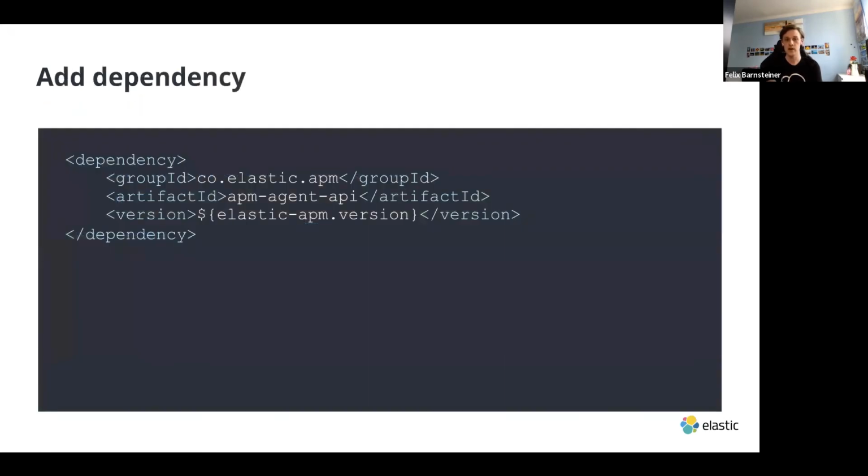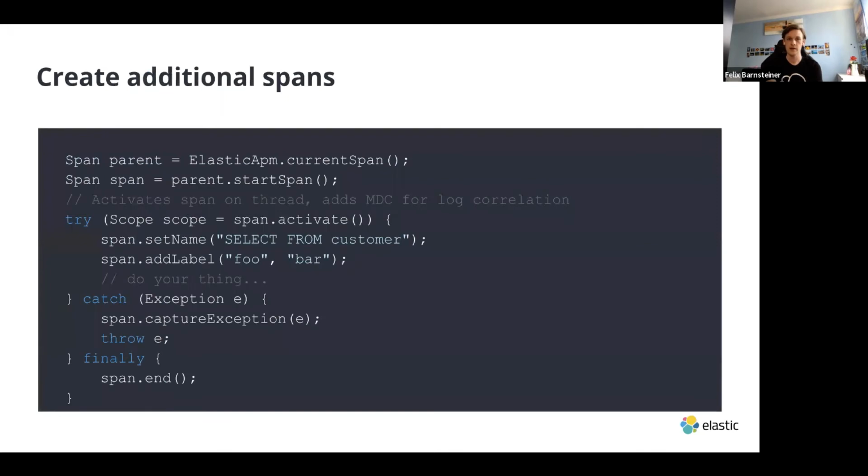So how you do that is you add a dependency to your application, to the APM Agent API module. And this is how it looks in code. You can create the current span and create a child span of that. And then you have to activate it, which means it puts it on the current thread and also helps with log correlation.